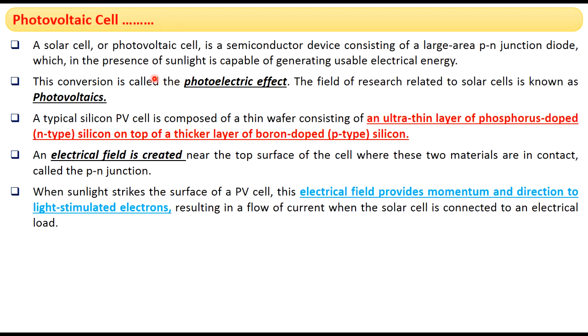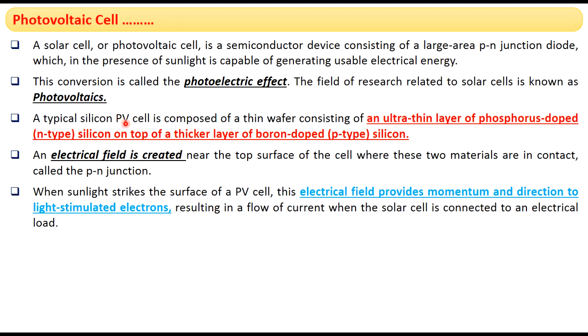This conversion process is called the photoelectric effect, and this area of research which is related to the solar cells is called photovoltaics. The devices are called photovoltaic cells. The concept is photoelectric effect, and the field of research is called photovoltaics.